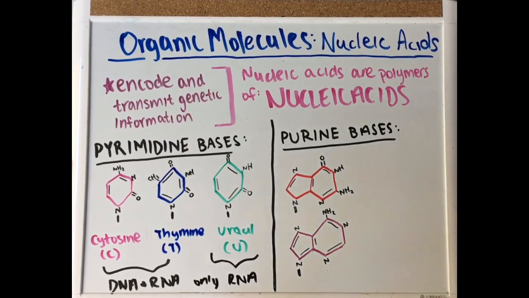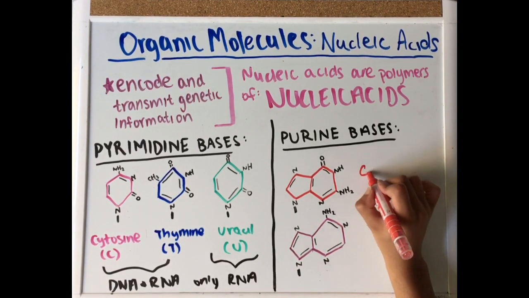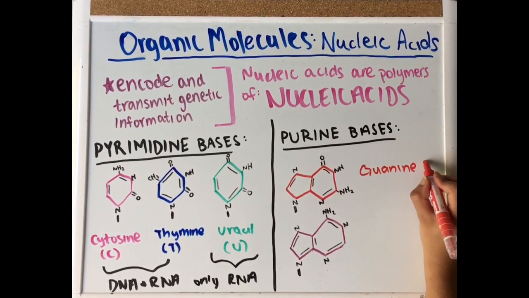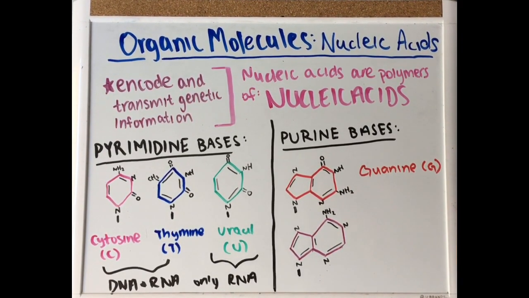And now we can talk about the purine bases. So the purine bases have two rings. It's a double ring structure. And there's two kinds here. So the first one is guanine. And this is the G. And the second one is the adenine.